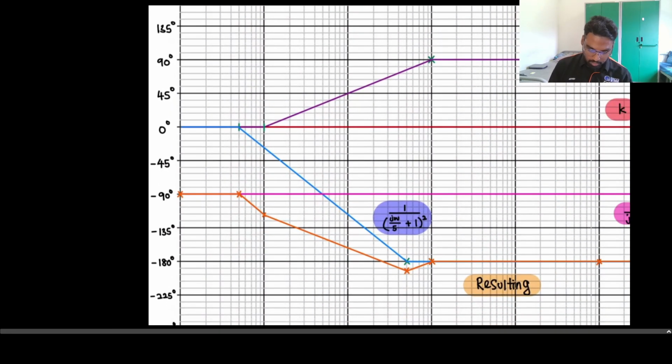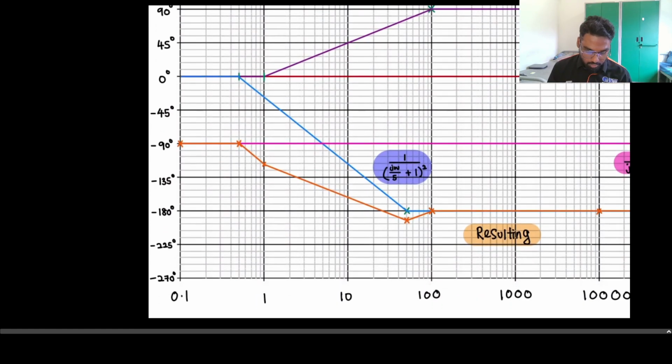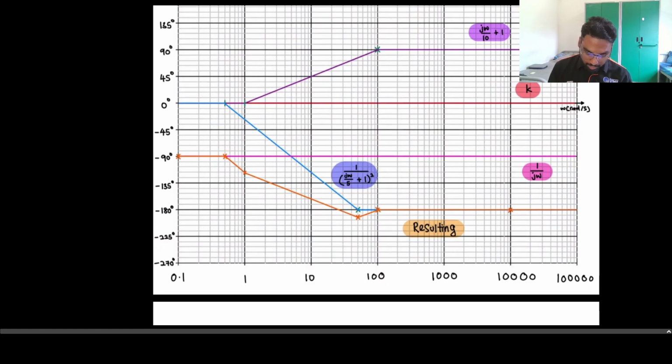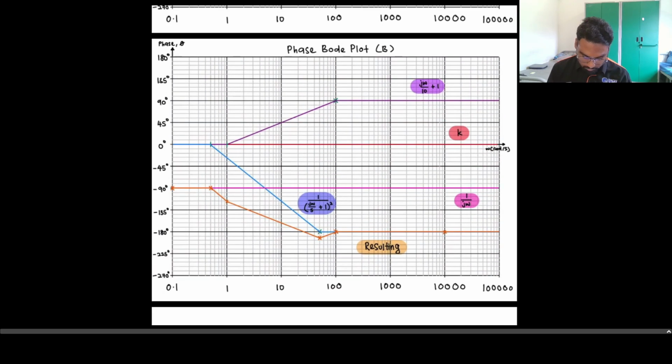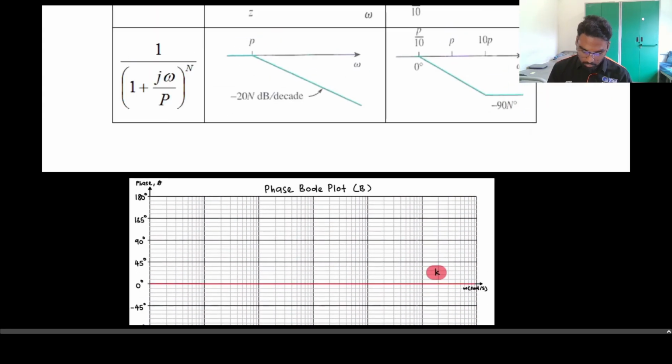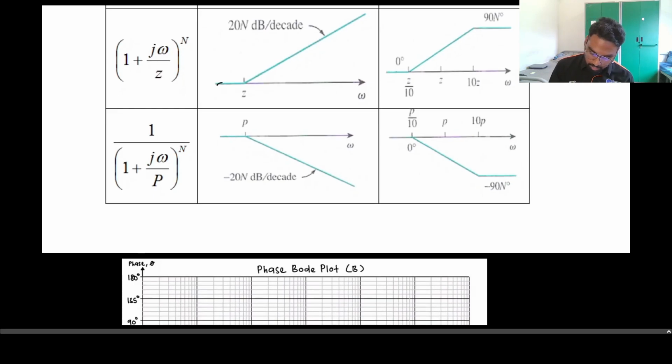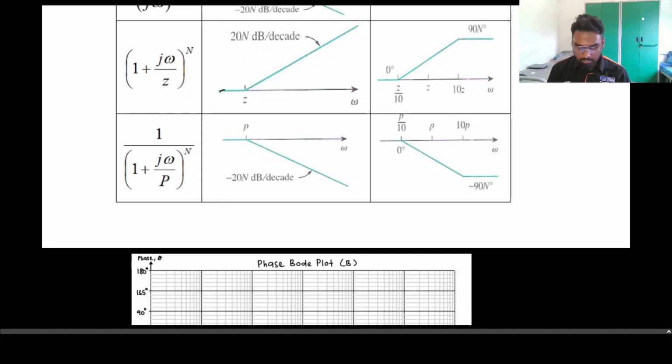That's why the coordinate starts at 0.5 omega and across 0 angle. For the second coordinate, we are going to have 10 times pole. Our pole is 5, and 10 times 5 equals 50.